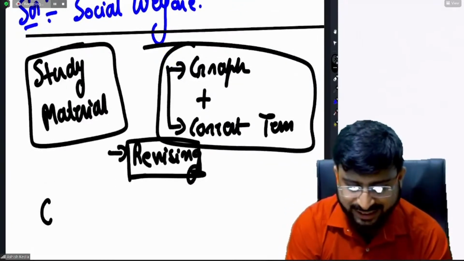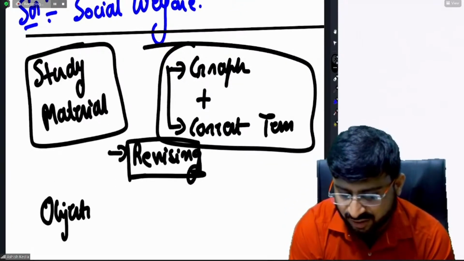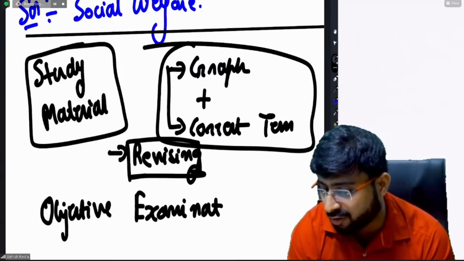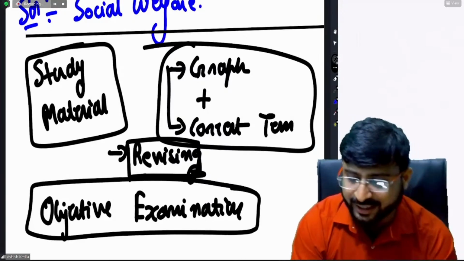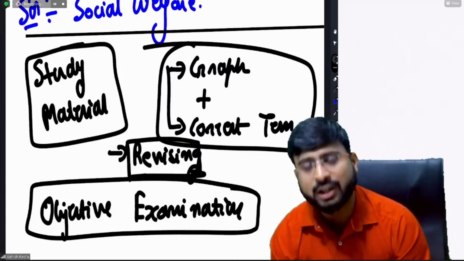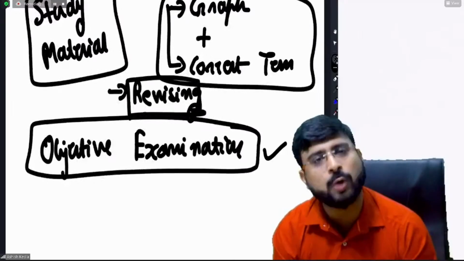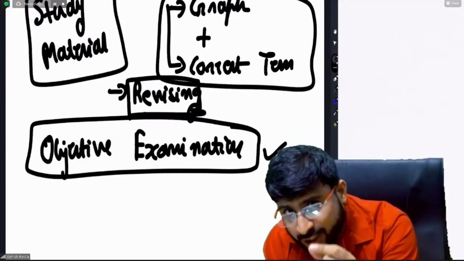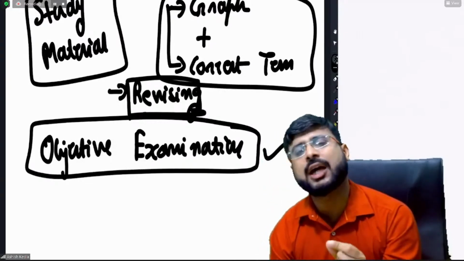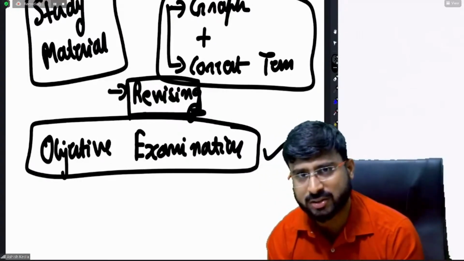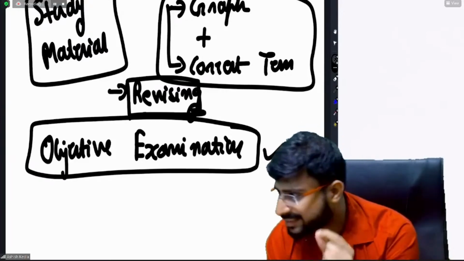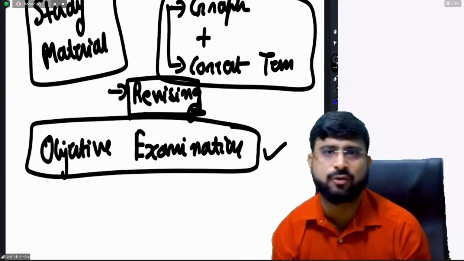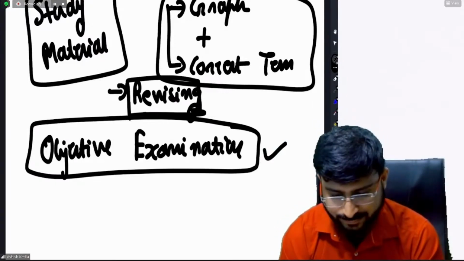So yes, sir is stating that since we are giving an objective examination, conceptual clarity is very important. Suppose we have four options and we do not have word by word knowledge of each concept, then we are bound to make mistakes. So sir is highlighting that while revising, we must go through each word carefully. Right, sir.